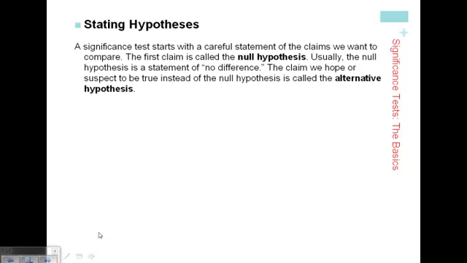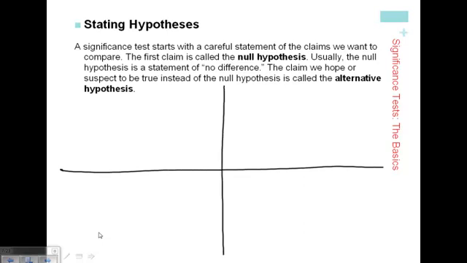Now, where are we going to make these claims? Well, we are going to use the 4-step process to do problems of this type. And like previous 4-step processes, we're going to start with 2 things in step 1.